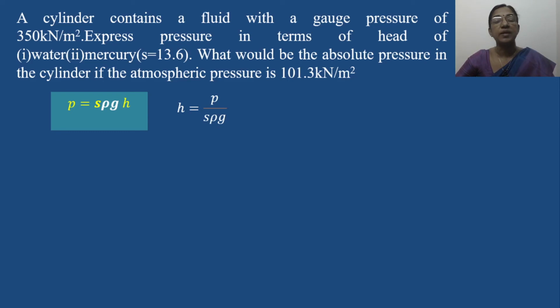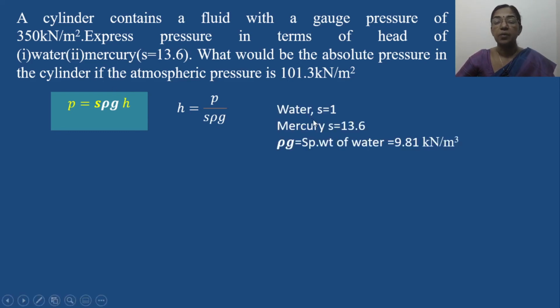Here the specific gravity of water is equal to 1, whereas for mercury it is equal to 13.6, and rho g, that means the specific weight of water, is equal to 9.81 kilonewton per meter cube. So the specific gravity of any liquid multiplied by the specific weight of water will give you the specific weight of the corresponding liquid.